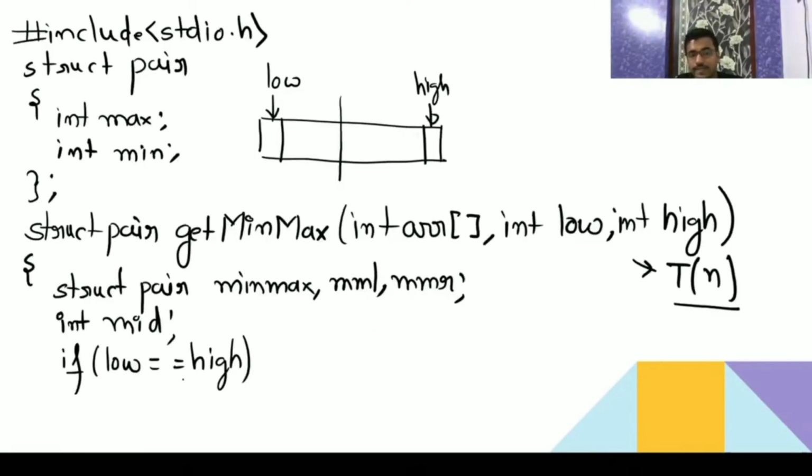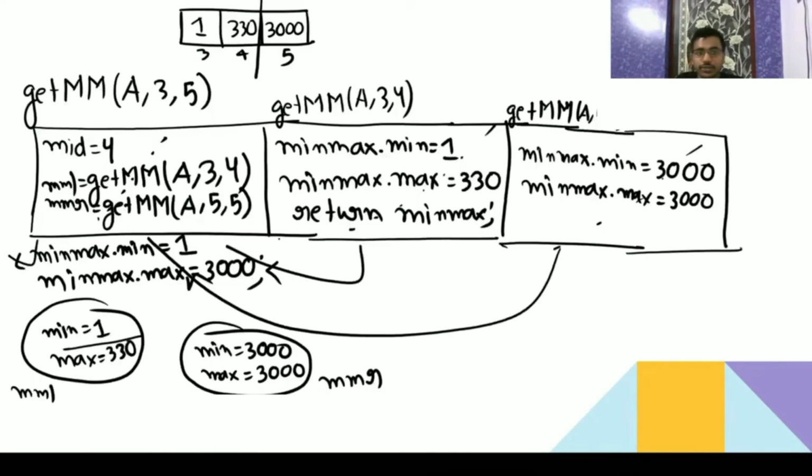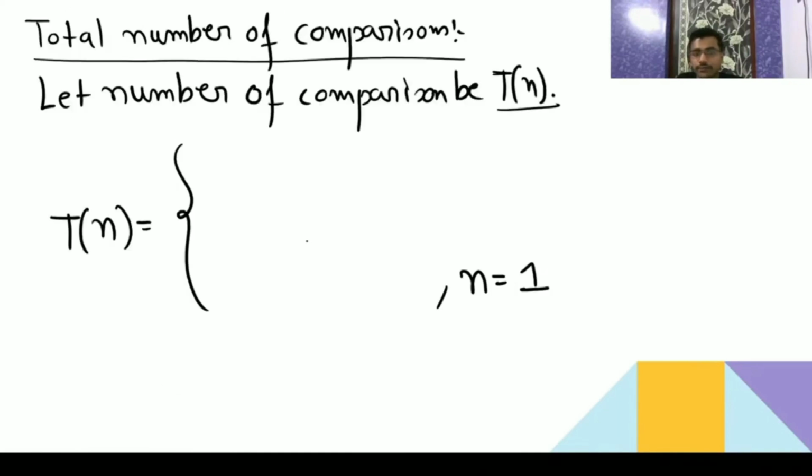If low is equal to high, then min max is going to be that element only. So number of comparisons, how many do you require? If it is having one element, none. When it is having two elements, how many comparisons do we require? One comparison. We need to compare the low with the high.